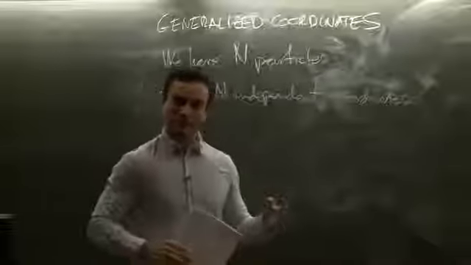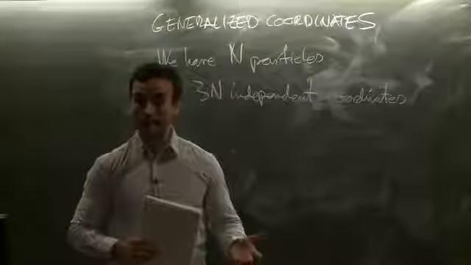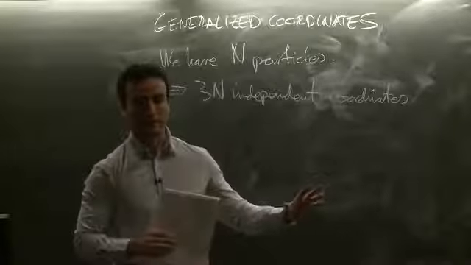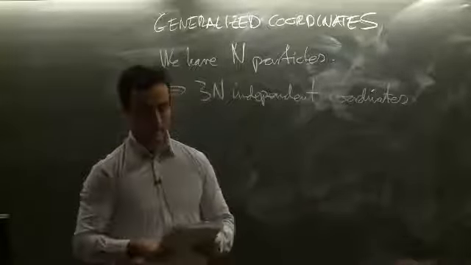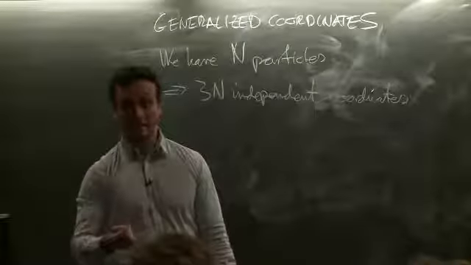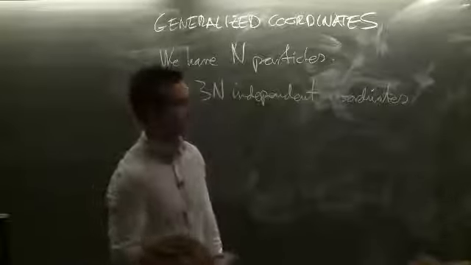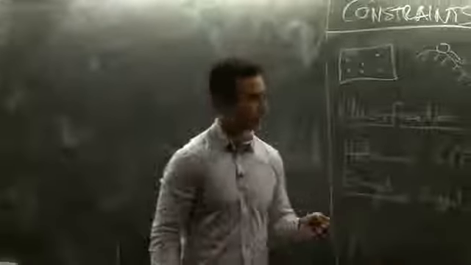But let's say we want to incorporate now constraints to the system. We assume that there are some kinds of constraints which are valid for our system. And let's say we have a number of k constraints, and we assume that these are holonomic for simplicity. So we assume that there are a number of k constraints which can be written like this.